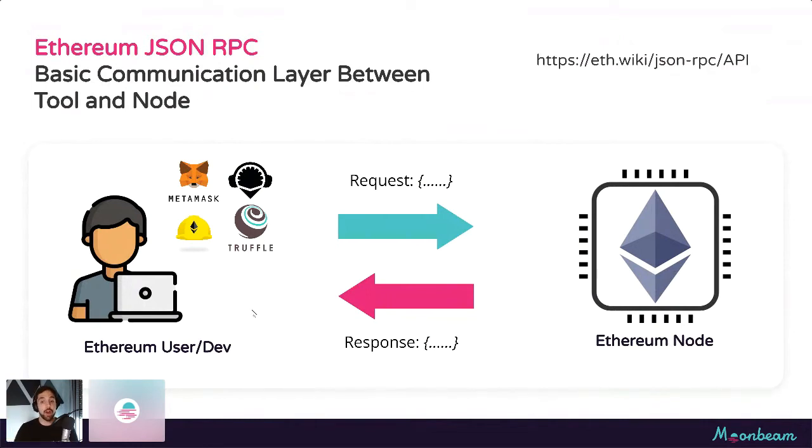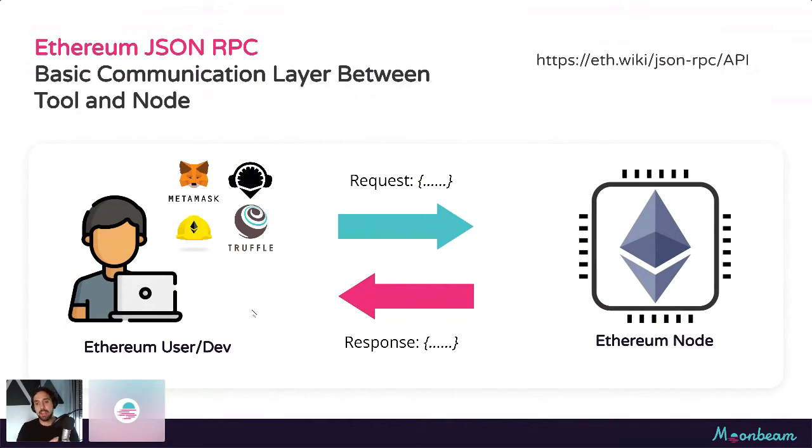The Ethereum node understands this request, that it's basically, hey, I want to know the balance of this account, in a more programmatic way. And then the Ethereum node will respond with a data structure that the tool, in this case MetaMask, understands, right?